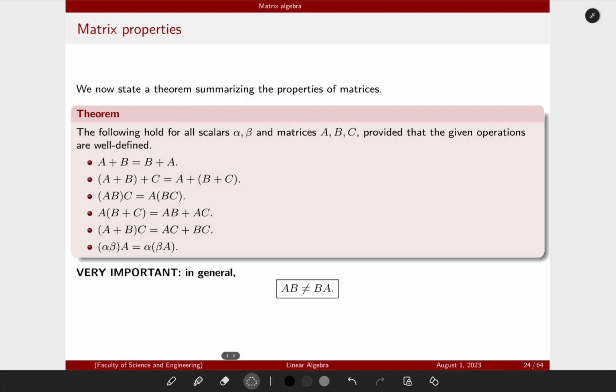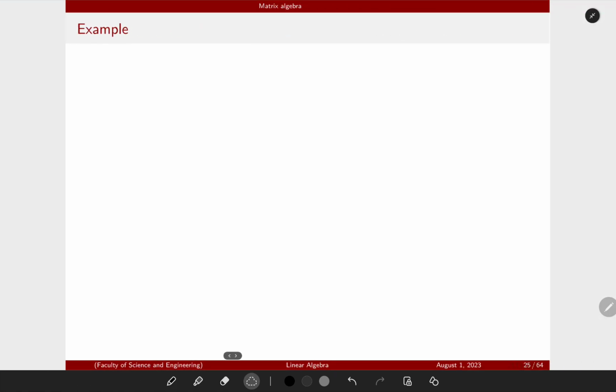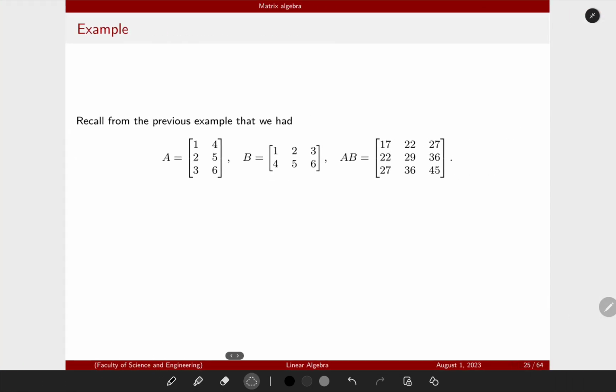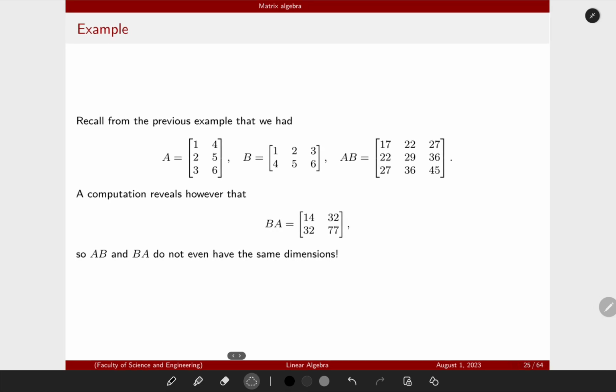Again, very important: in general, matrix multiplication is not commutative, and we will now see an example of this. In a previous example, we had these matrices A and B, and we had their product AB. But if we work out the product BA, we see that this is a 2 by 2 matrix, and so AB and BA do not even have the same dimensions. We need to be very careful that matrices do not behave like scalars when you multiply them.